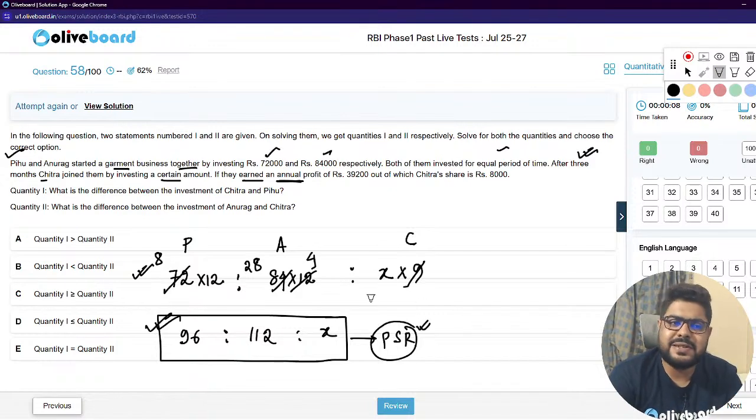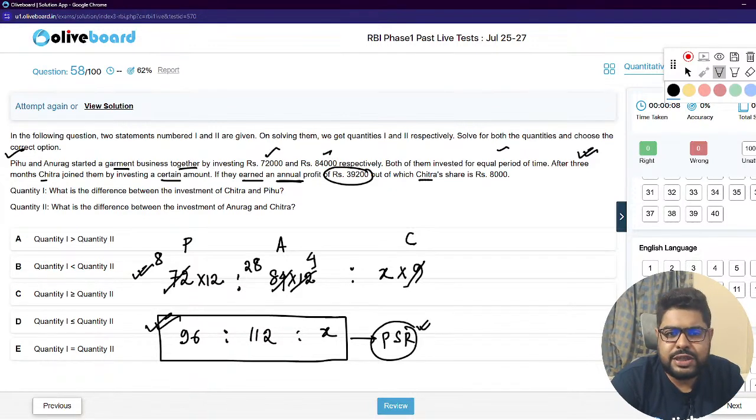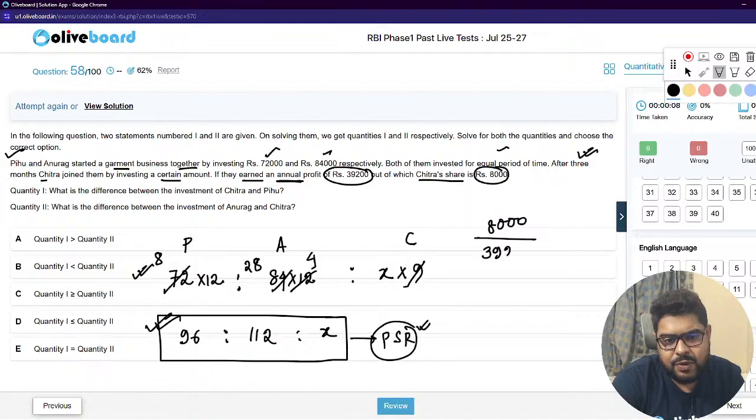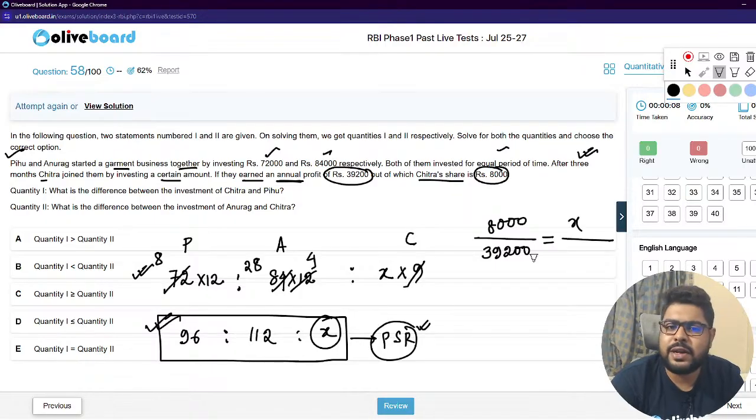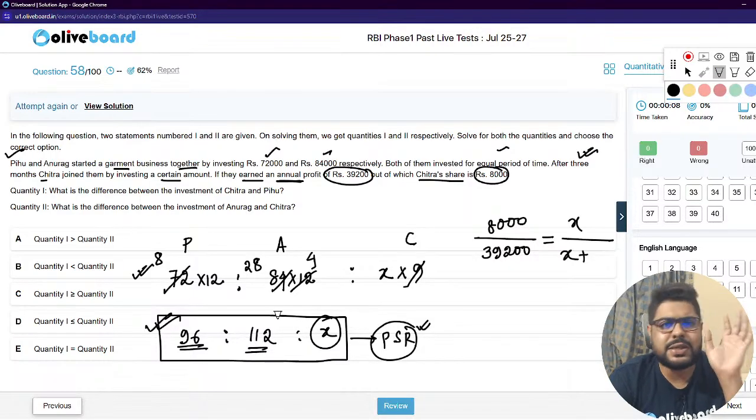Once you know this, they earn a total profit of this much. Chitra's share is given. So Chitra will get 8,000 out of 39,200. That is, Chitra will get x rupees out of the total profit. That is x plus 112 and 96. Total it. 112 plus 96. One small thing will make it a little better.